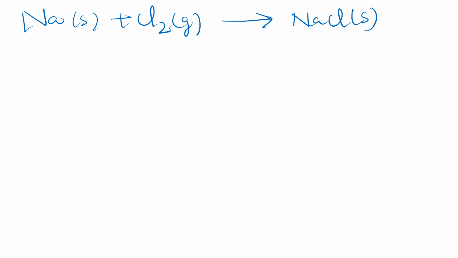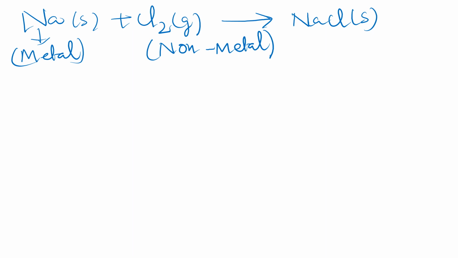Sodium is a metal, and chlorine is a non-metal. Metals have a tendency to lose electrons and non-metals have a tendency to gain electrons.